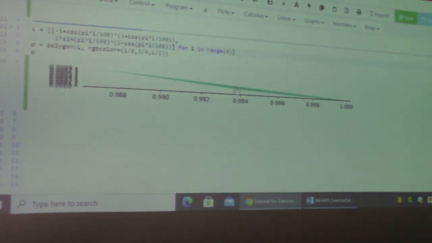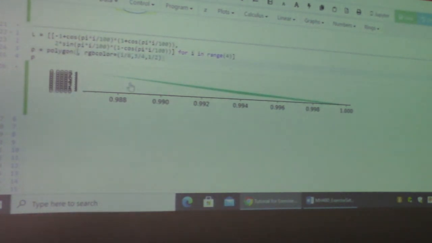I tried. Let's see here. If I understand the syntax correctly, let me try something. Oh, wait a minute. I'm doing this all wrong.